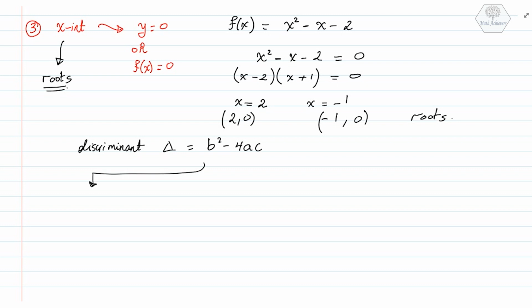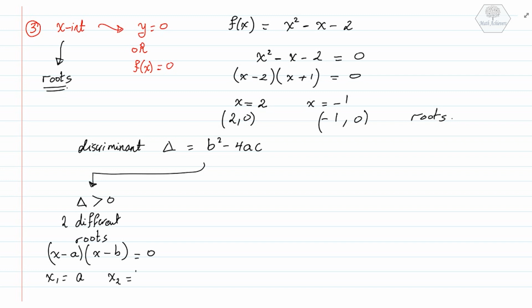If the discriminant is positive, then the function has two different roots, as if we have x minus a times x minus b is equal to 0. So x1 is equal to a and the second root is b.